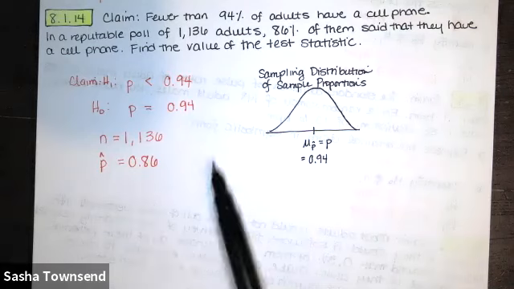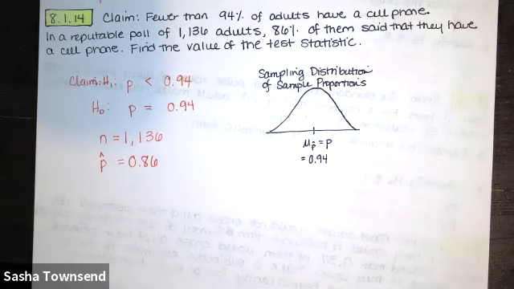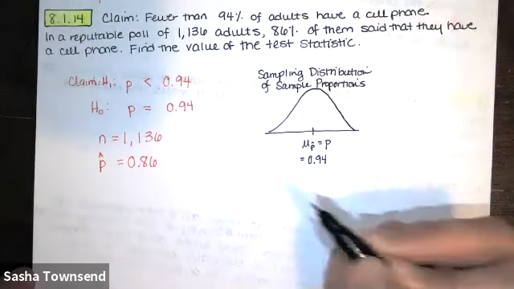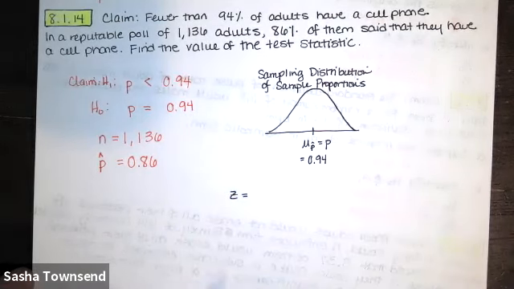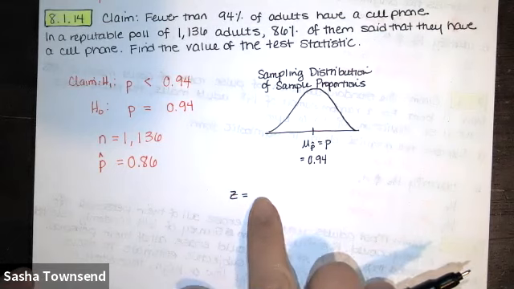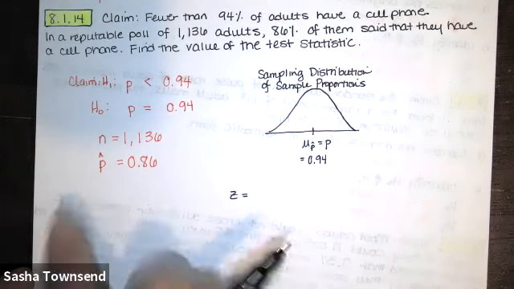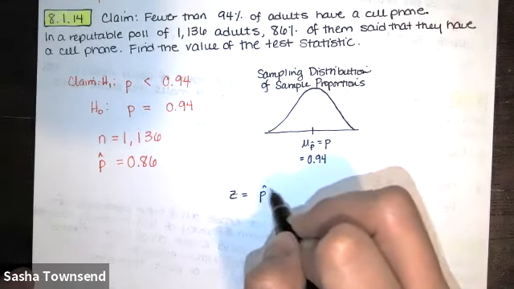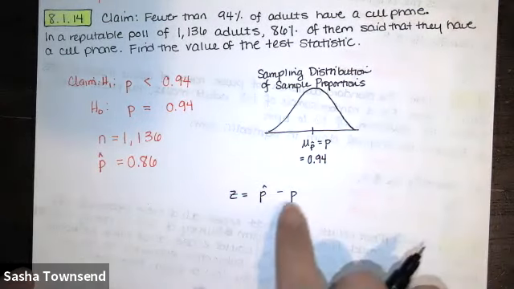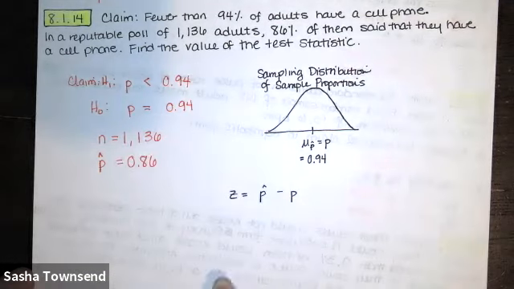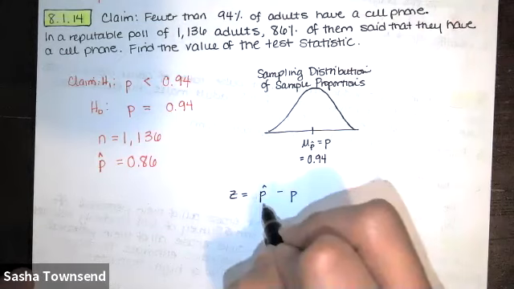And in order to figure that out, we're going to compute the test statistic. So the test statistic is Z equals, and we start with the random variable that we're talking about, which is P hat. Then we subtract the population proportion that we're testing against, because we're assuming that this population proportion is 94%.